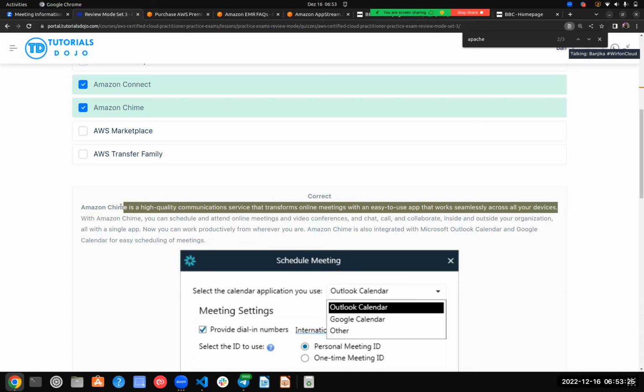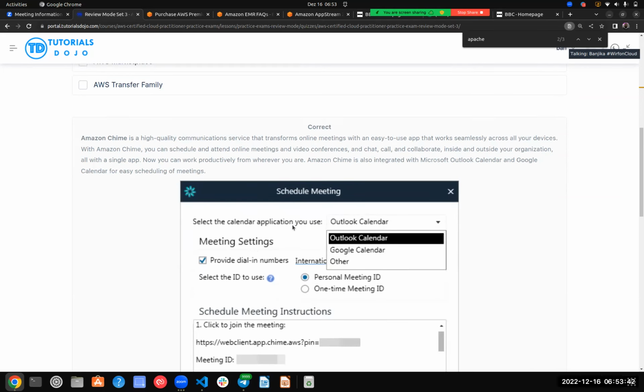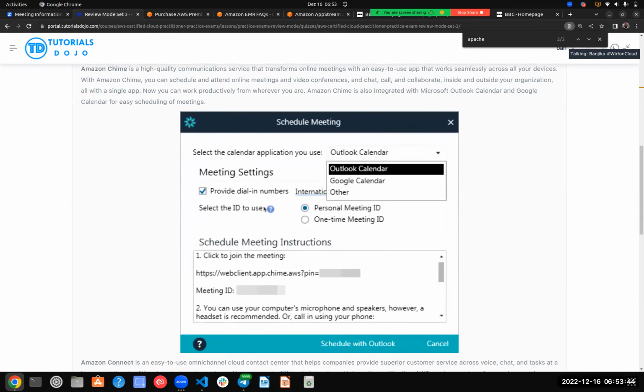The only way I can make you remember Chime is to think of Chime as an AWS service that is similar to Zoom, right? Because with what we are using now, Zoom, we use this for meetings. Chime is the same thing. You can schedule meetings.